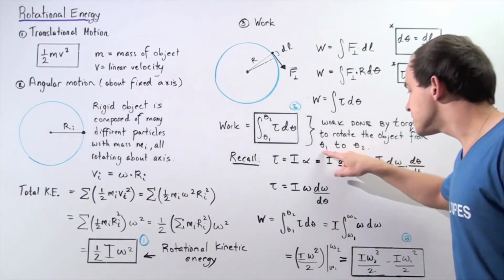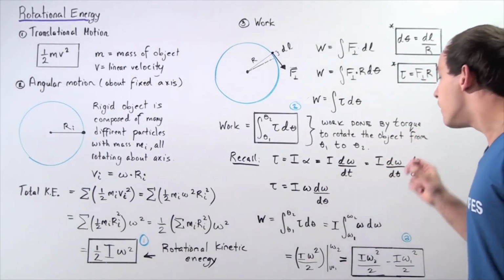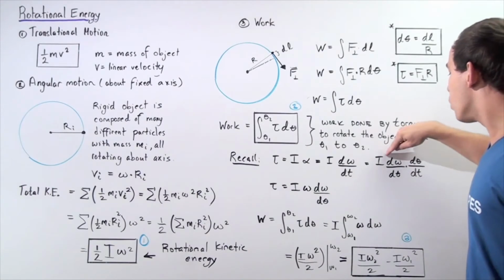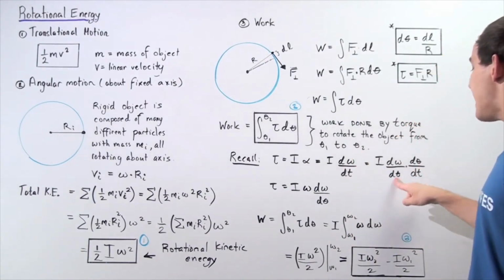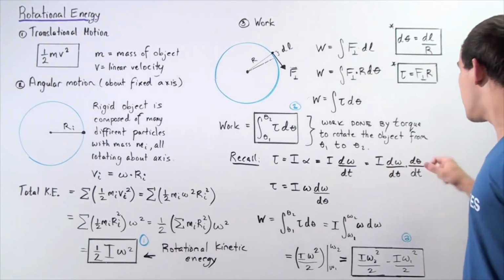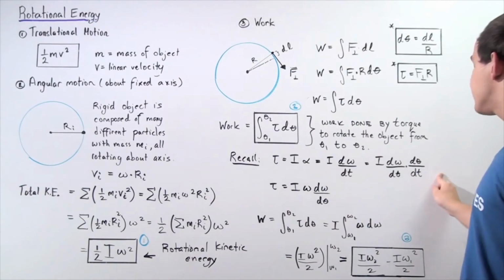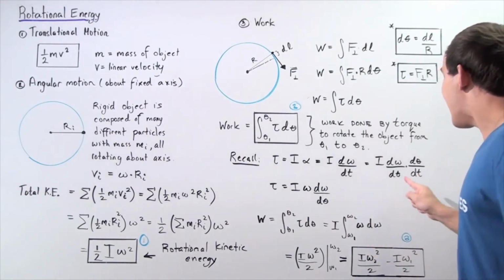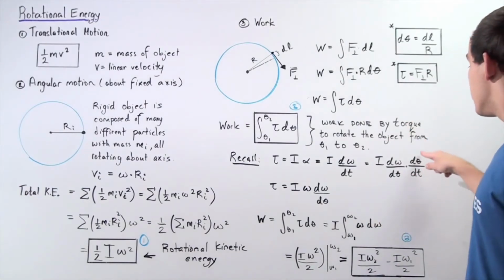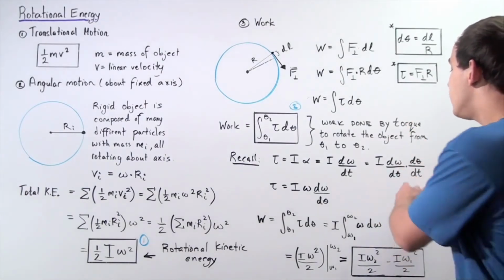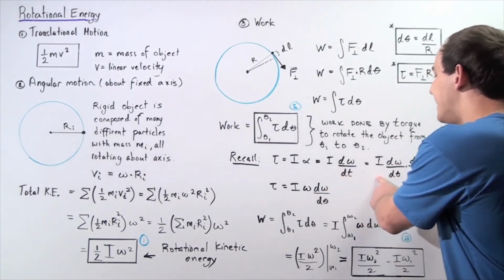Now, we can represent this equation in the following way: I multiplied by the derivative of the angular velocity with respect to the angular position, multiplied by the derivative of the angular position with respect to time. So we simply add a d theta on the bottom and a d theta on the top. Notice that these can cancel out and we get back this term. So these terms are exactly identical.